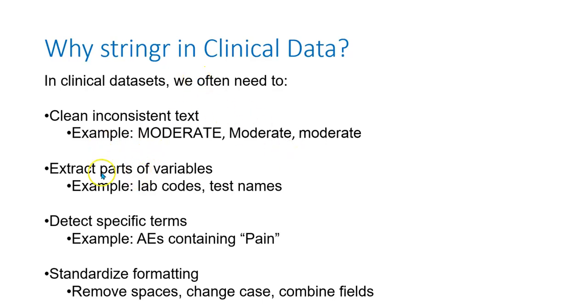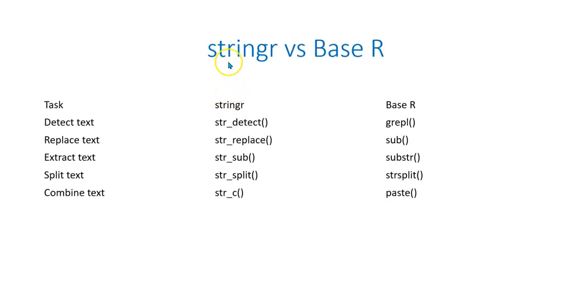So we will see each and every example in R Studio so you can understand how this stringr package works. Next is the difference between stringr versus base R. All these tasks, detect text, replace text, you can easily do with base R functions as well. But why stringr? Because the stringr package has better options.